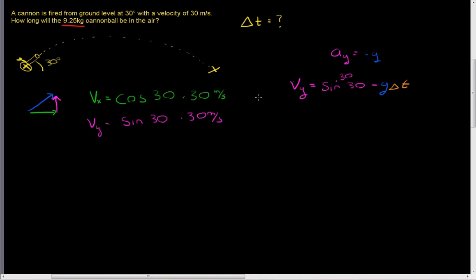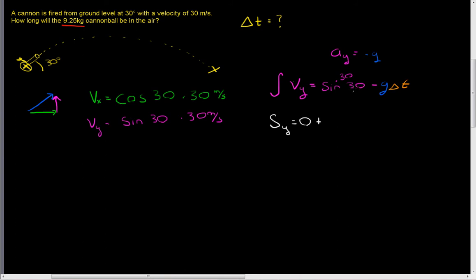So we can get how long the object is in the air. With that being said, I'm going to integrate the velocity function up again, and I'm going to get the position function. The position function in the y direction is going to be equal to our initial position, 0, plus the sine of 30 degrees. Let's just solve this now.